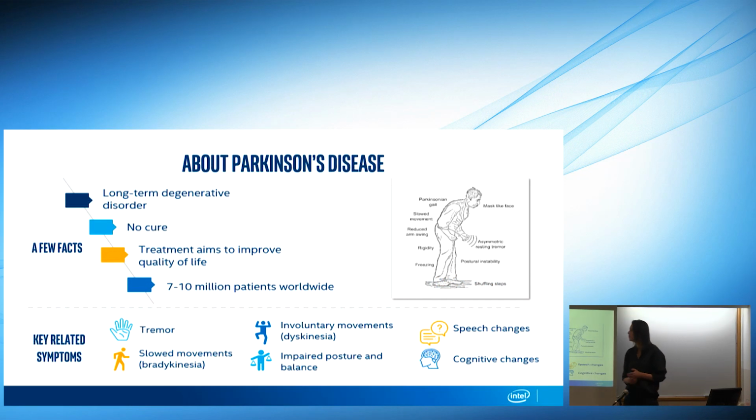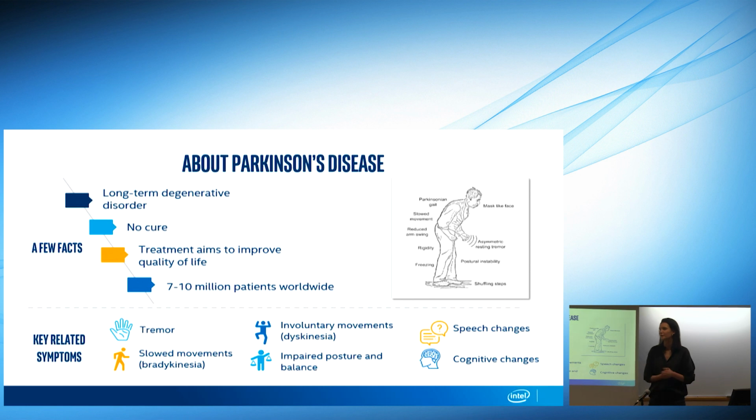Okay, so a few words on Parkinson's disease. I'm sure that most of you have heard about the disease. Today, the estimate is that it affects between 7 to 10 million patients around the world. Hard to tell because sometimes it's misdiagnosed as other movement disorders. And the fact is that there is no cure.